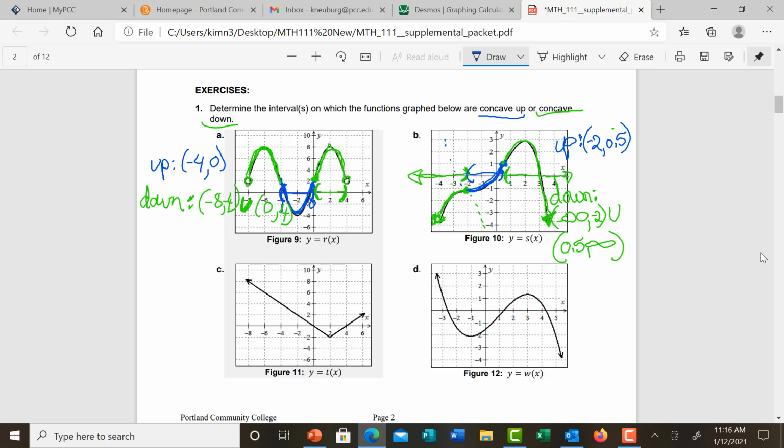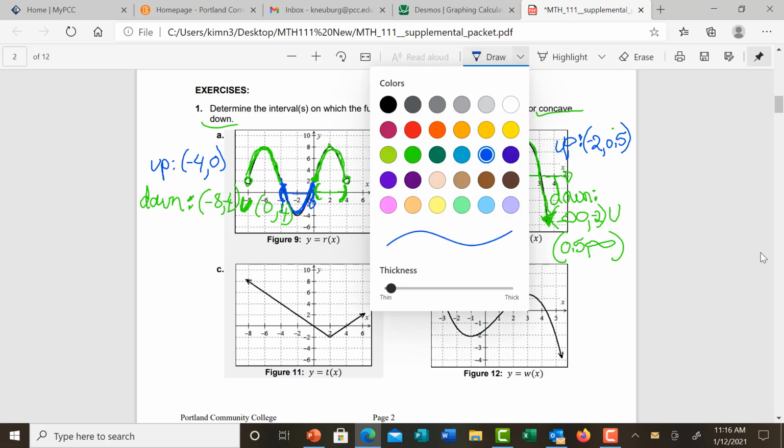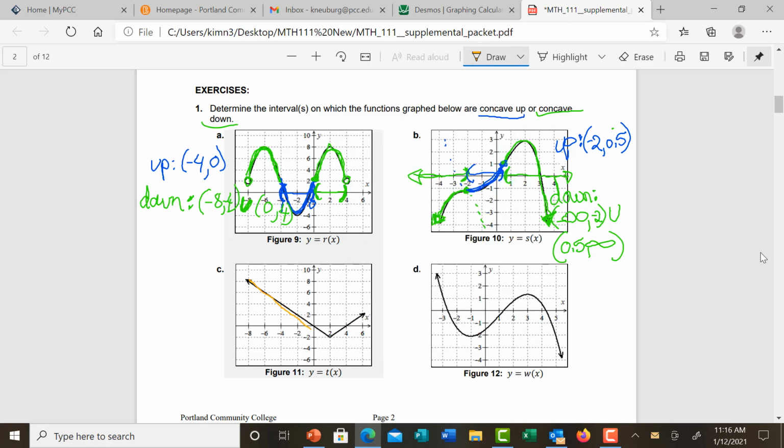Now, C is tricky. Notice that there is no curve really in it. Since there's no real curve in this and everything is straight, you want to think of this as if this was a cereal bowl right here. This cereal bowl could not sit on the table. This point here would make it tip over.